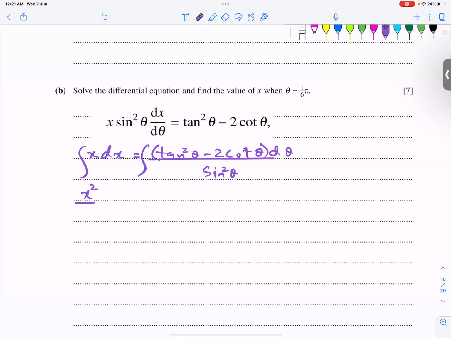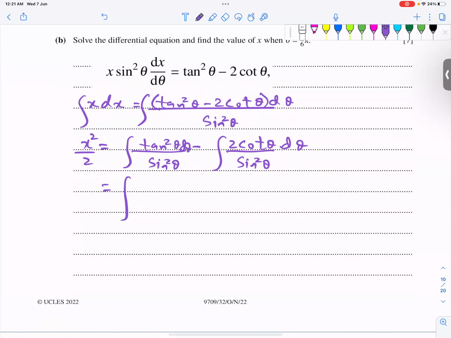The integration for the left side will be x square over 2 is equal to the integration of tangent square theta over sine square theta minus the integration of 2 cot theta divided by sine square theta d theta.